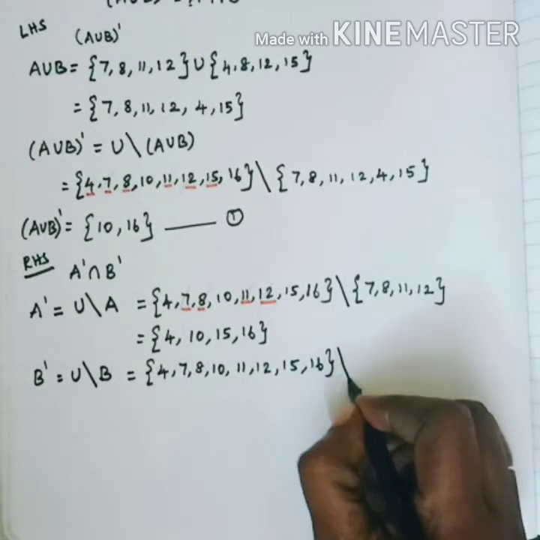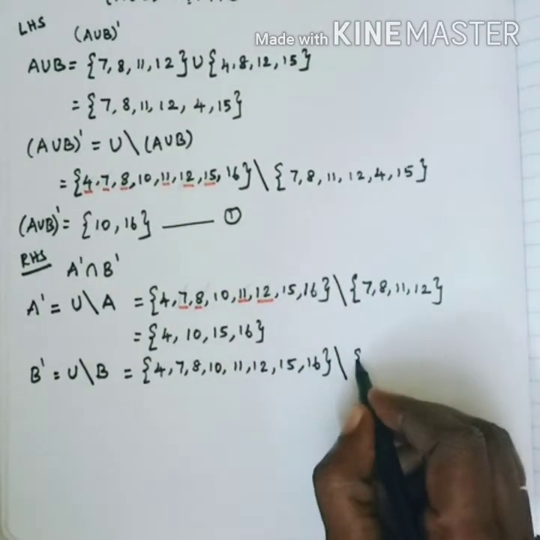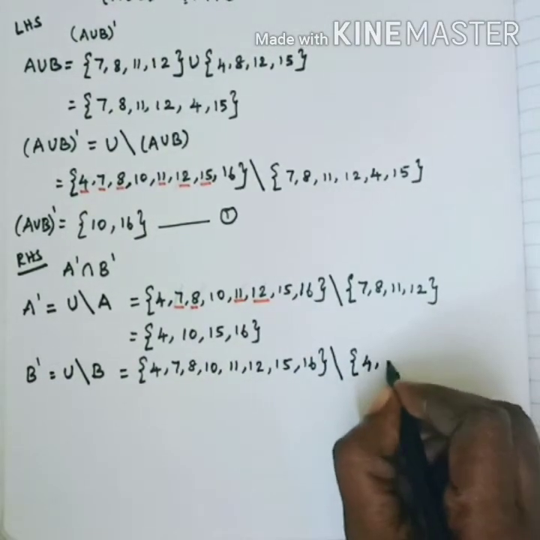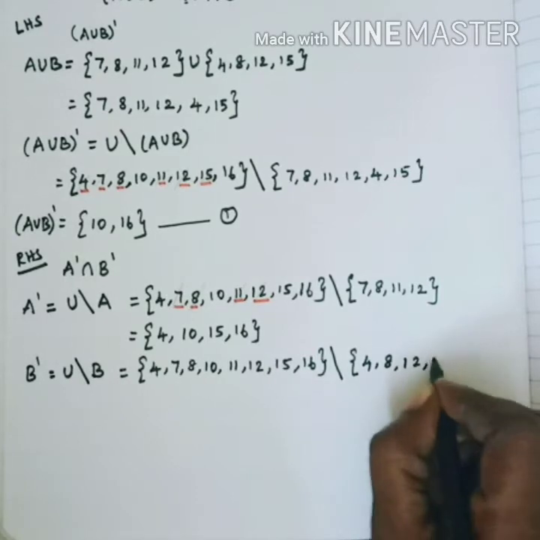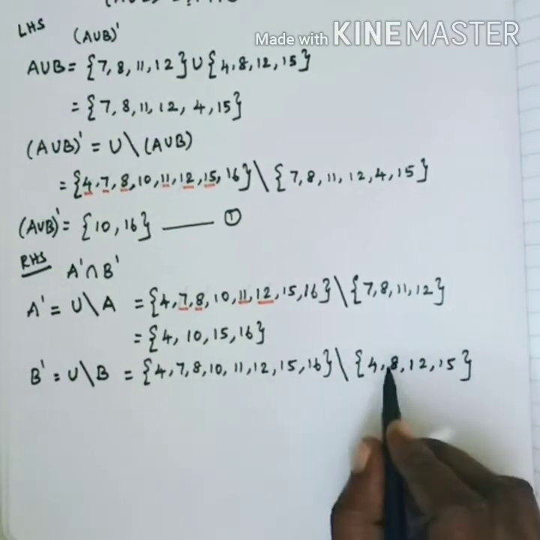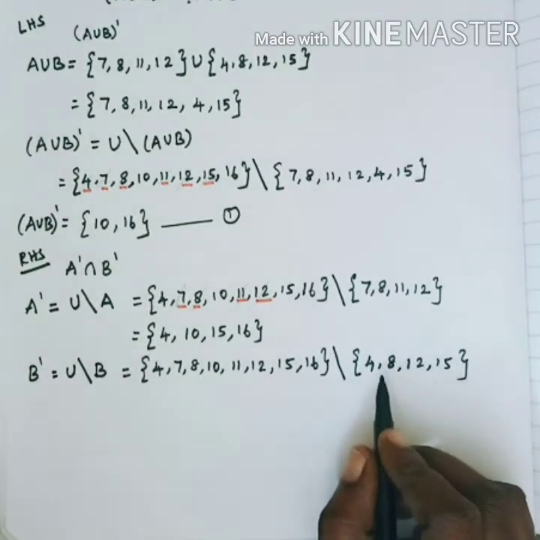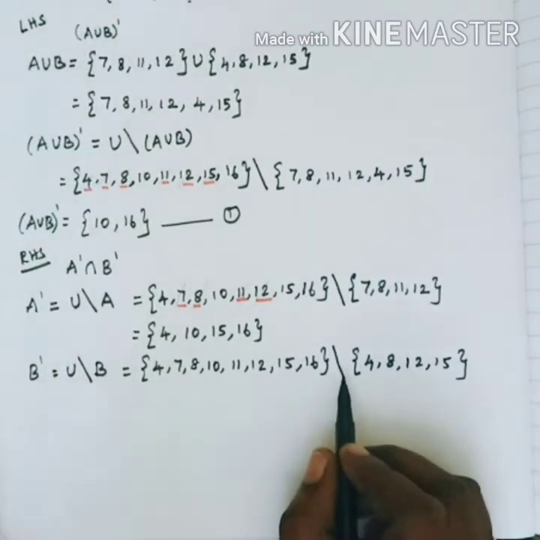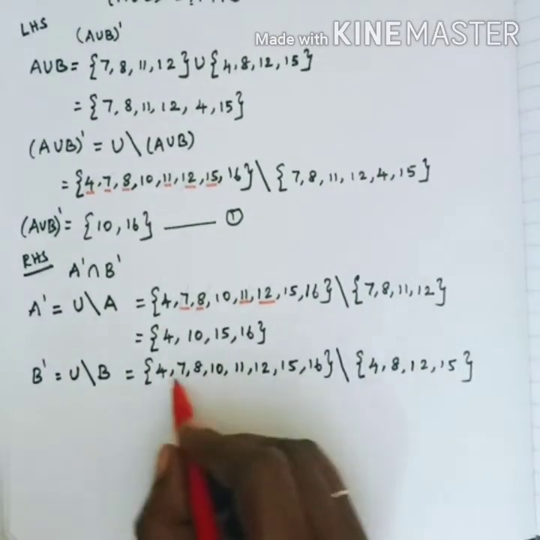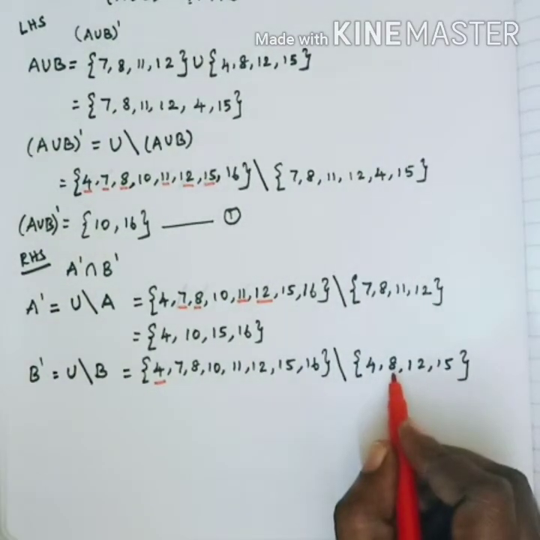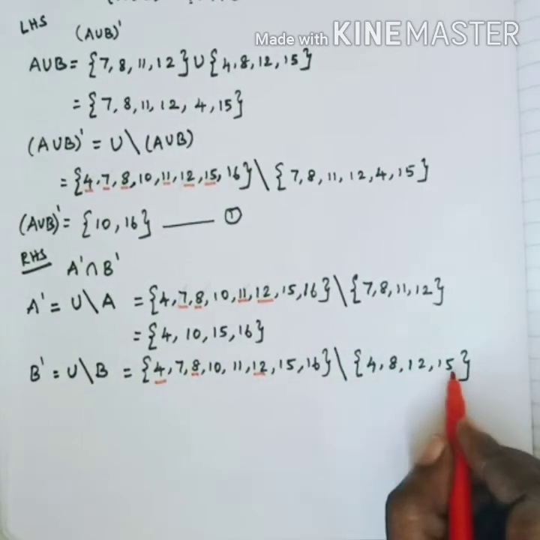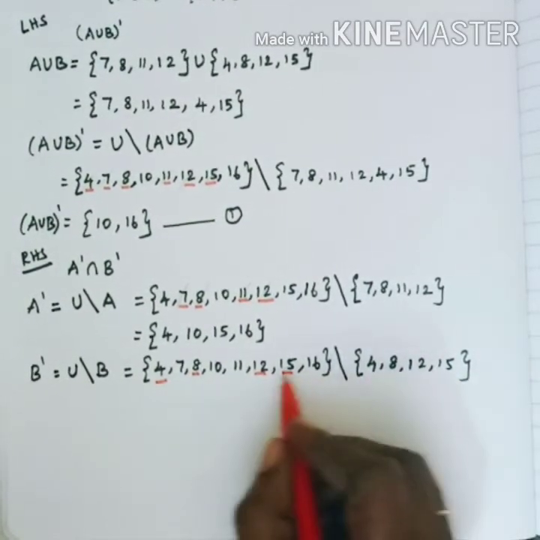And then put the slash symbol here. Now write the elements of the set B. So the elements of the set B are 4, 8, 12, 15. Now the slash symbol is in between the sets, so you have to identify the common elements. 4 is the common element in both the sets. 8 is also a common element. 12 is a common element, and 15 is also there.